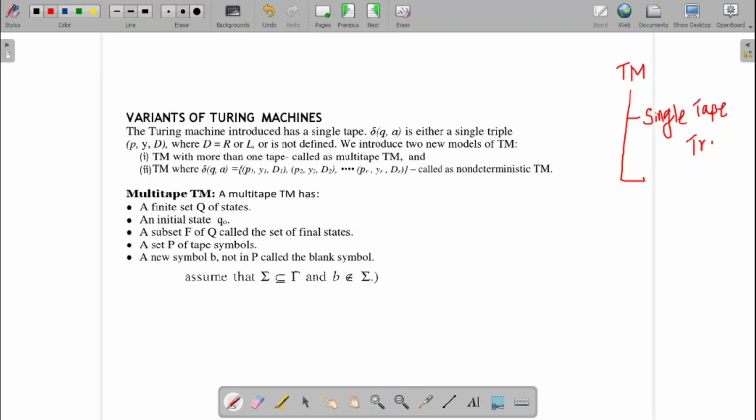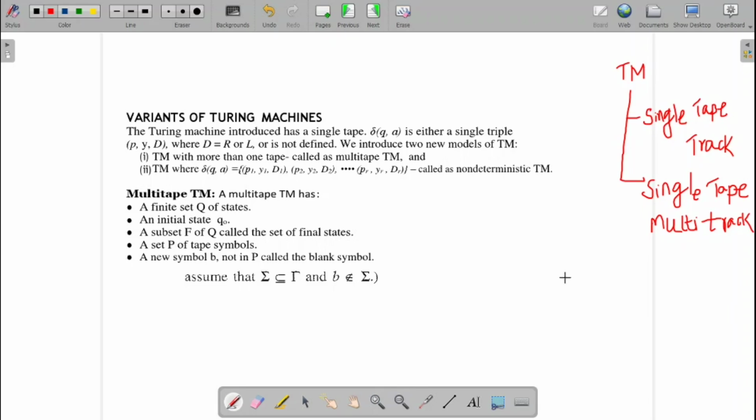The second one is a single tape but multi-track Turing machine, where it was a single tape, but that tape was divided into multiple tracks. These are the two techniques in the design of the Turing machine, which we learned in the previous video.